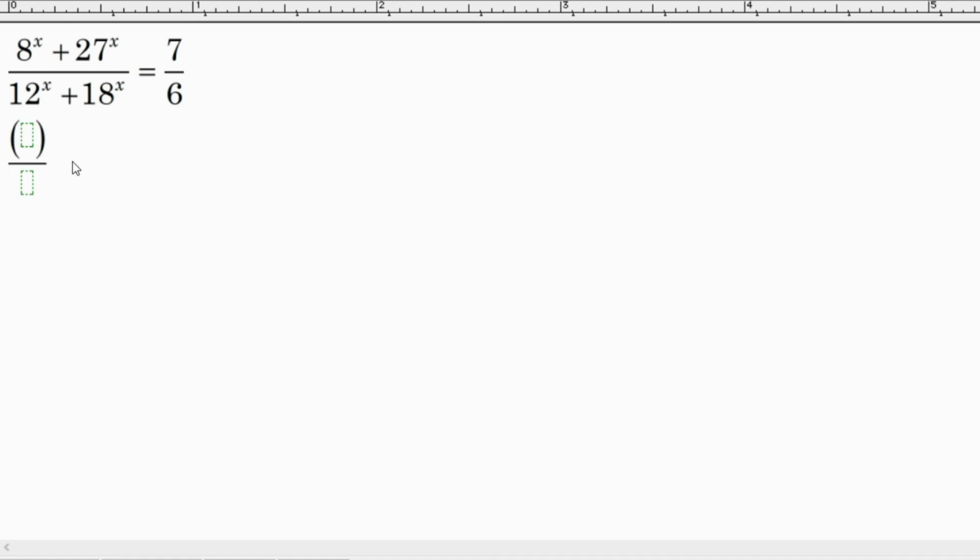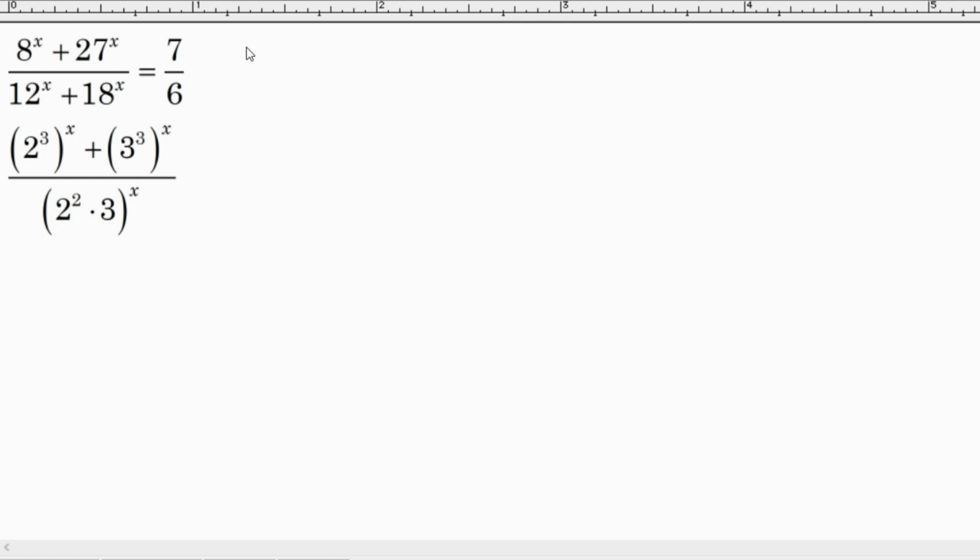So I can write 8 to the power 3 and then raised to the power x, plus 27, which can be written as 3 to the power 3, or 3 cubed, and then raised to the power x. So 12 can be written as 2 squared times 3, and all raised to the power x.